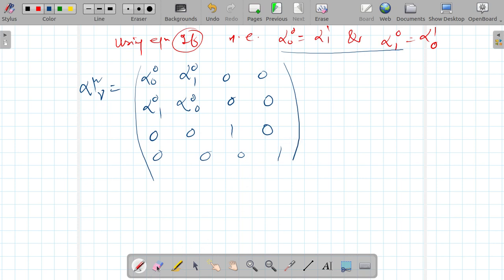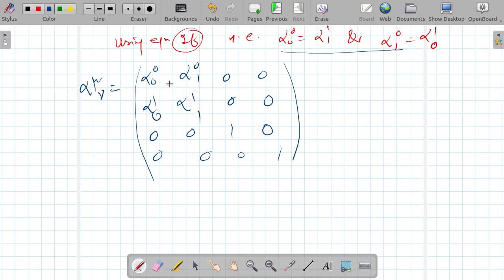Its actual value will be 0 1, 1 0, and 1 1.